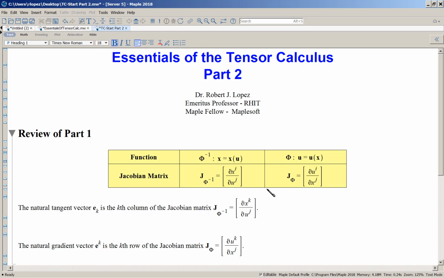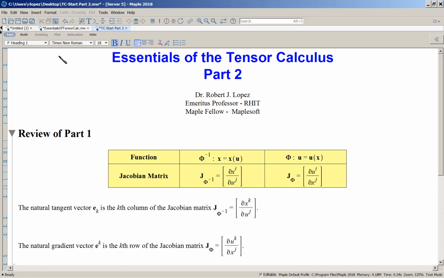And one last fact that we established in part 1 was these two matrices are inverse matrices. The product of these in either order results in the identity matrix, and it is very useful to recognize the fact that these two matrices are inverse.